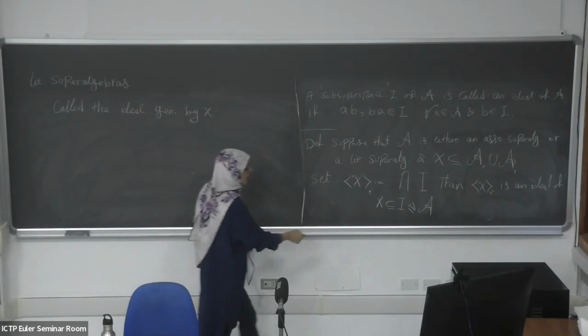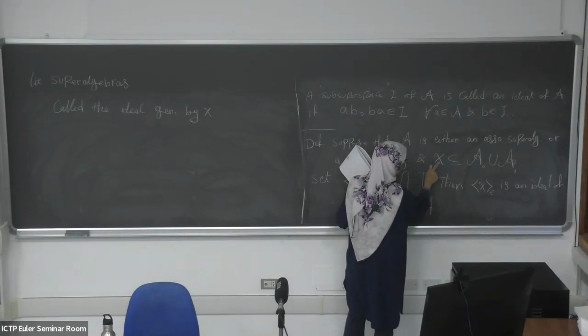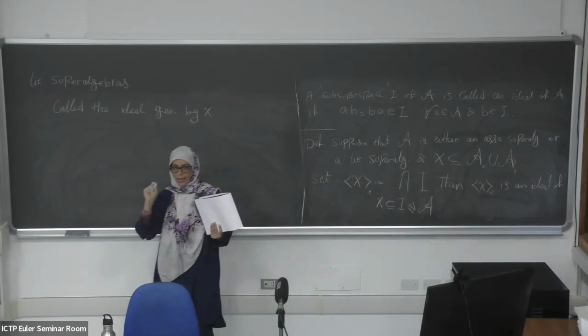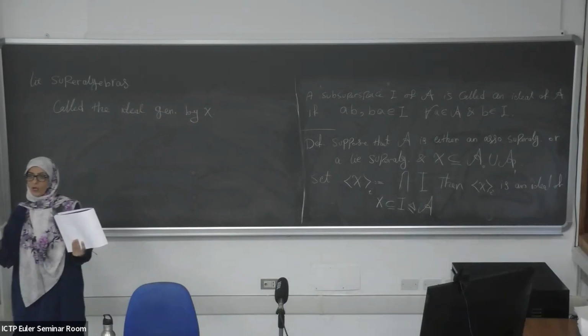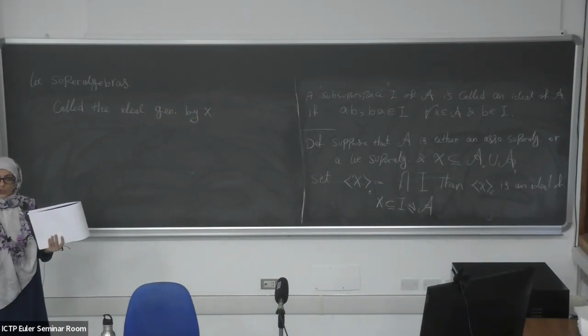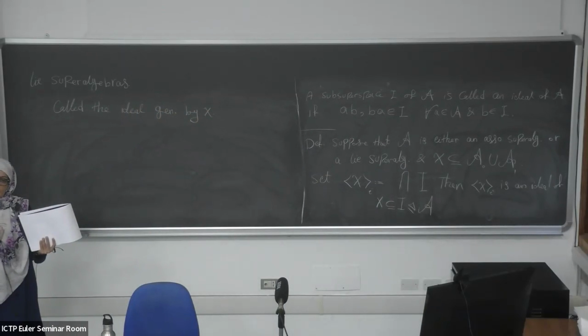Note that I told you that the elements of X must be homogeneous. They are elements of A0 union A1. And we need this condition because, you remember, when we want to talk about an ideal, the ideal must be a sub-superspace at first.